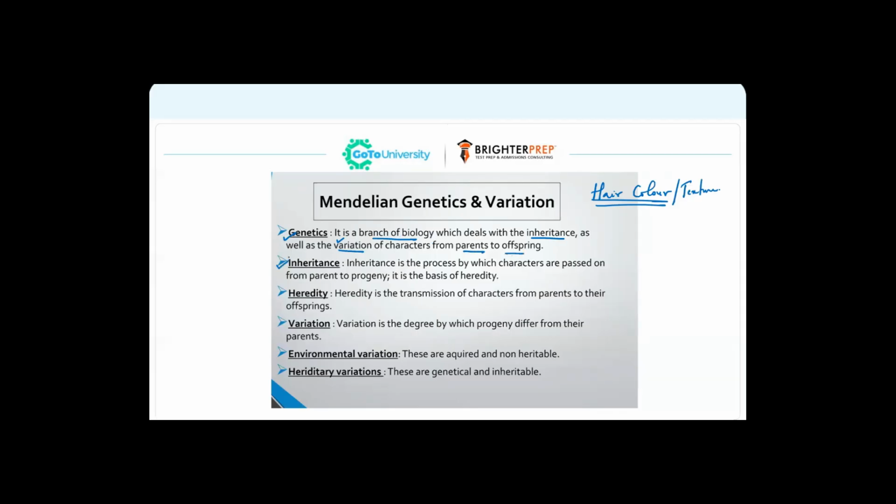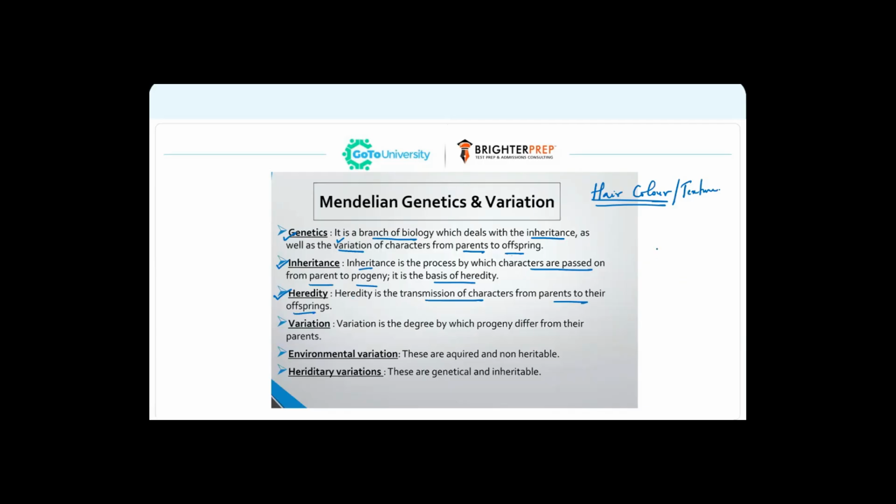Now moving to inheritance. Inheritance is a process by which the characters are passed on from parent to progeny, and it is the basis of heredity. Now what is heredity? Heredity is the transmission of characters from parents to their offspring. It is somewhat similar to the term inheritance.